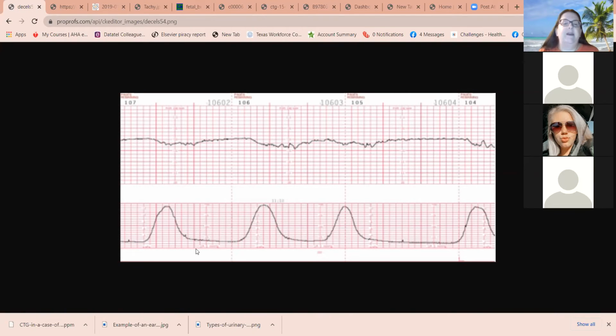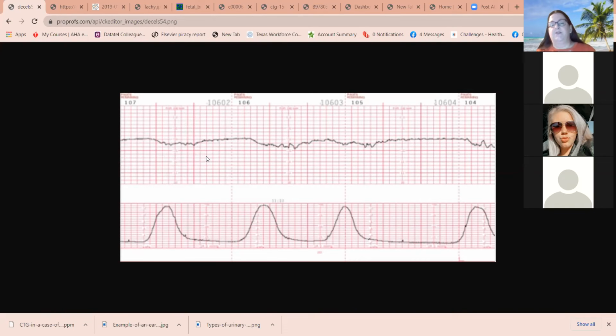Okay, so we've got late decels, and we know they're late because when the contraction ends, the decel has not recovered. They start toward the middle of the contraction, but what really determines if it's a late is the recovery. So contractions over, decels not fully recovered. So we've got minimal variability, late decels.